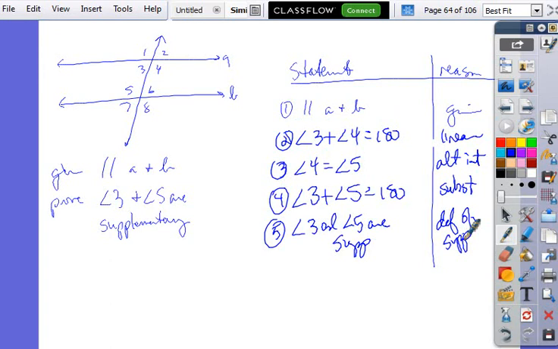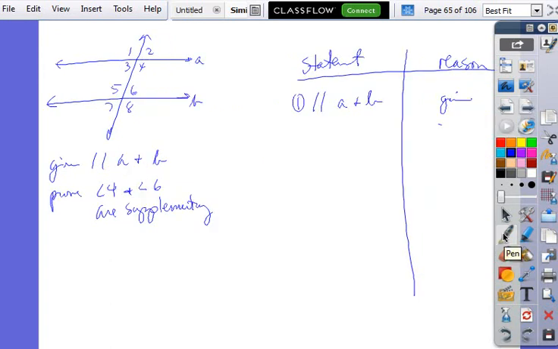If I want to get 4 and 6 being supplementary, I'm going to start by getting them equal to 180 somehow. What can 4 be 180 with? It makes a line with 3 or 2. So I'm going to say 4 plus 3 is 180 by linear pair.